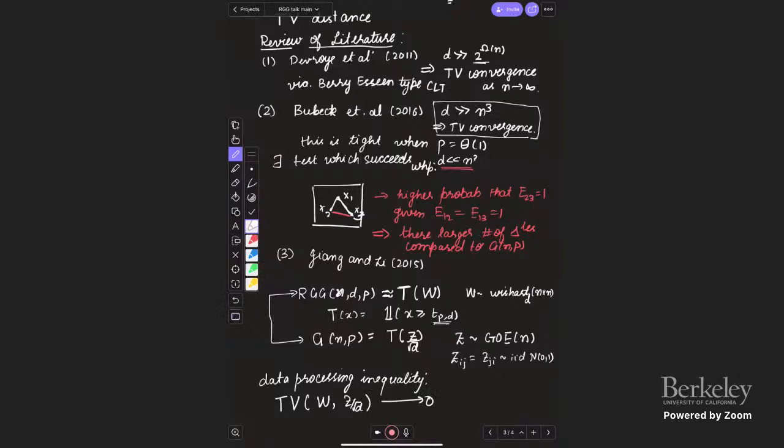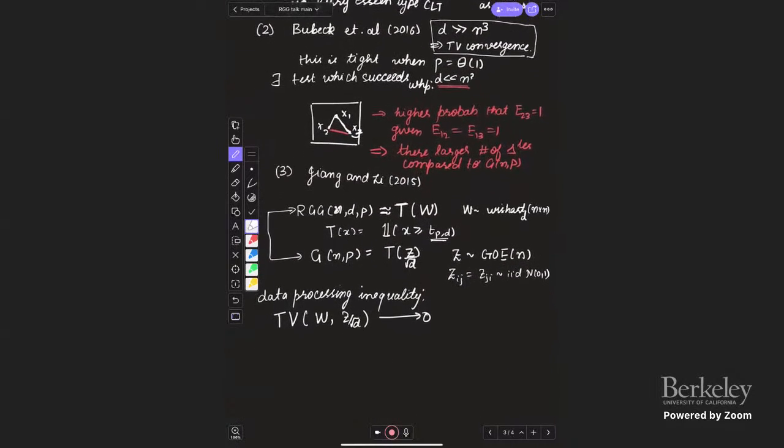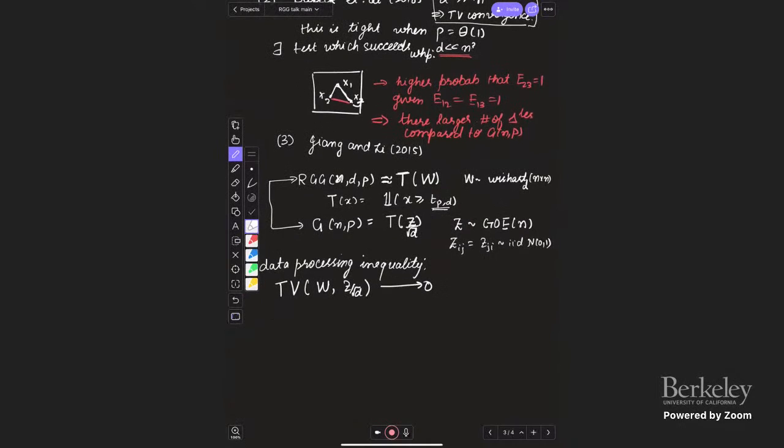And this can be done quite easily because we know the densities, and hence we can bound the total variation distance via the KL divergence using Pinsker's inequality, and the KL divergence can be evaluated because we know the Radon-Nikodym derivatives explicitly. So it turns out that this tends to 0 if d is much larger than n cubed.